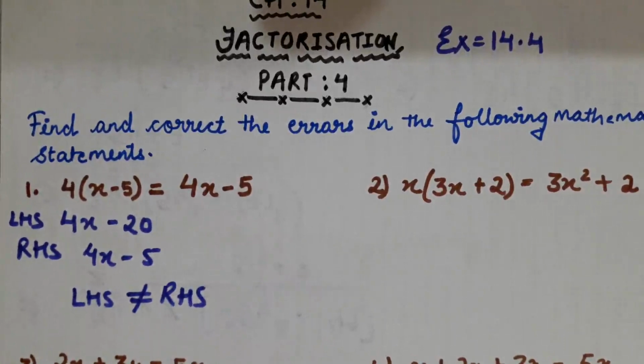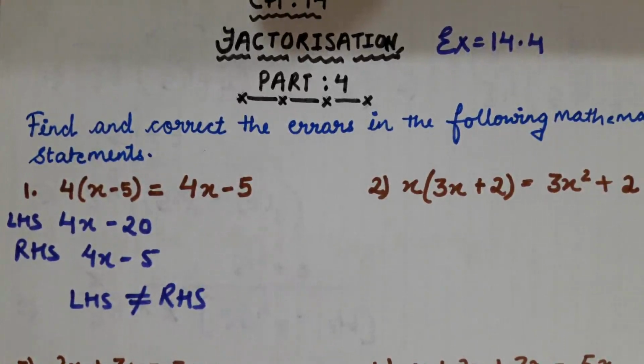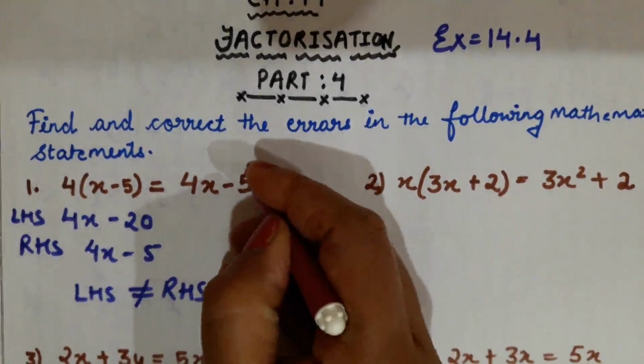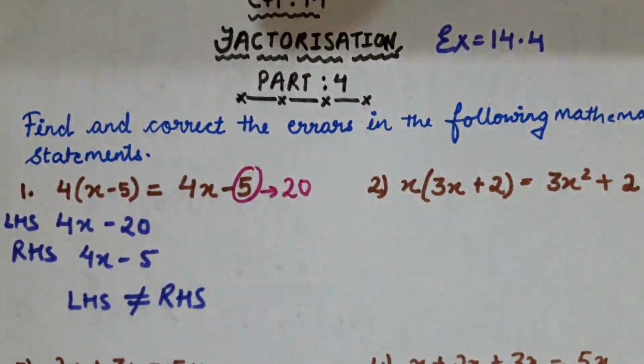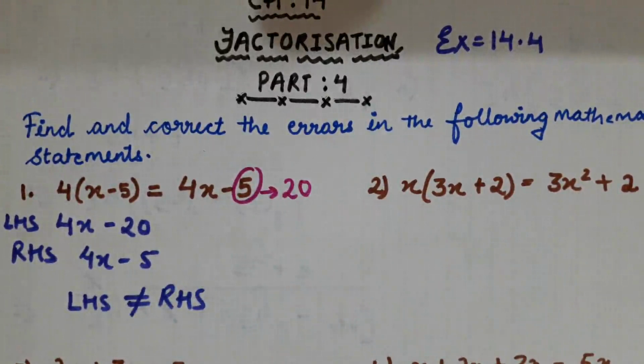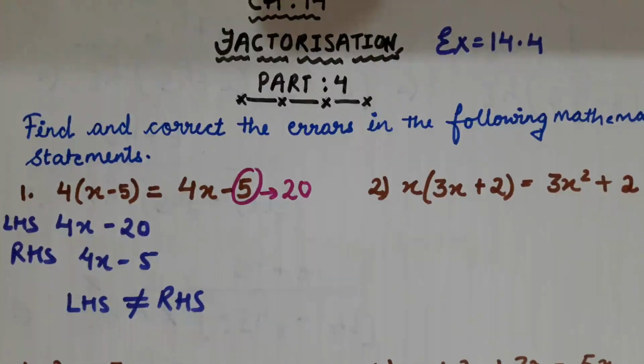So instead of this 5, we need 20. So this is the error and this needs to be changed if we want to make left hand side equal to right hand side. Getting my point? So we need to find the errors and we need to correct them.